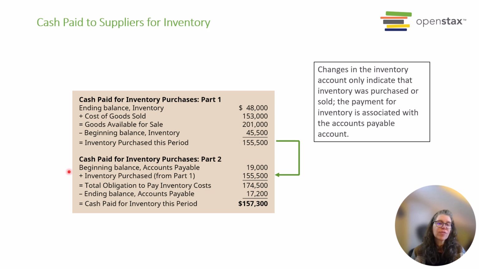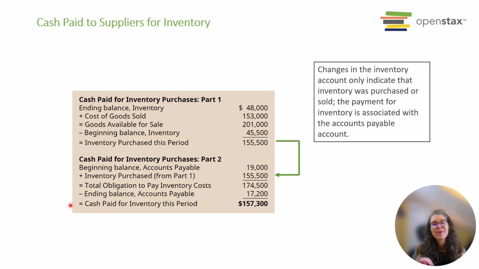Then we work through beginning balance of accounts payable, add in the inventory they bought. This shows us all the inventory they had to pay for. We track that ending balance in accounts payable, and that means they've paid cash for all the rest of it.